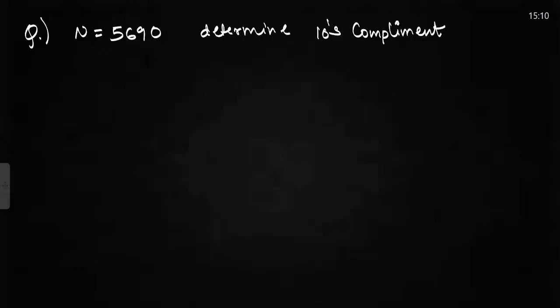Now simply I will substitute in the formula. What is my formula? R power n minus N. Here my N is 5690, my n is equal to 4, the number of digits is 4, and my radix is 10.